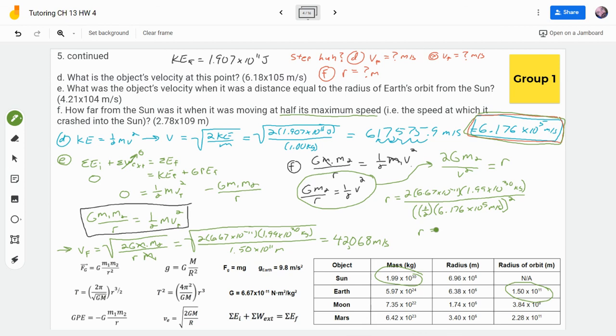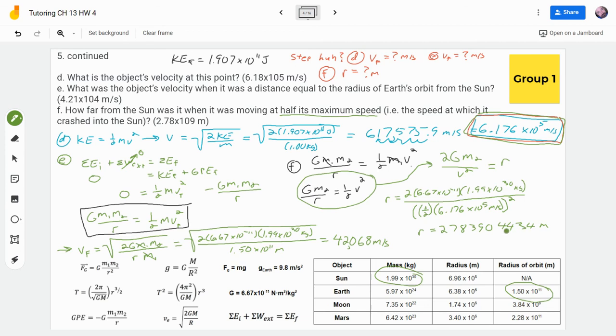If I do all of that, I end up with r is equal to 278,390,4434 meters. Okay, that's a little unwieldy. Let me go back in and put the commas in.